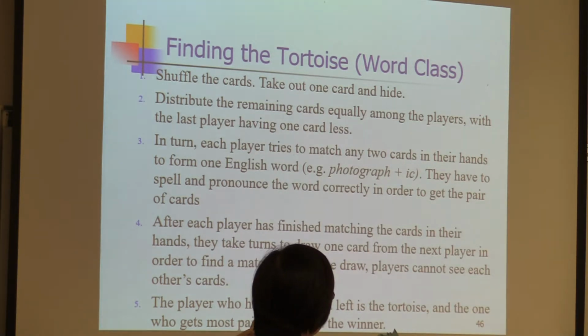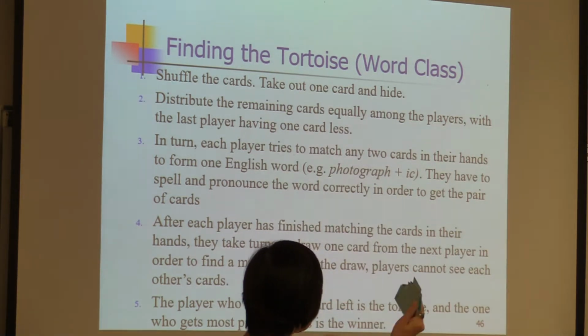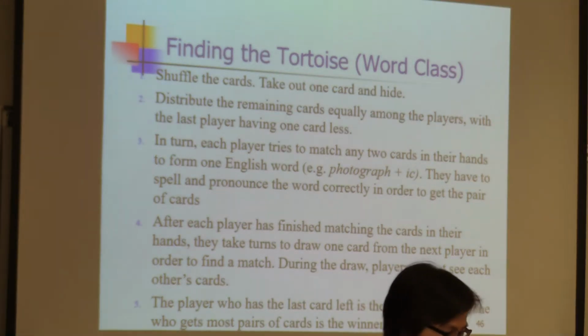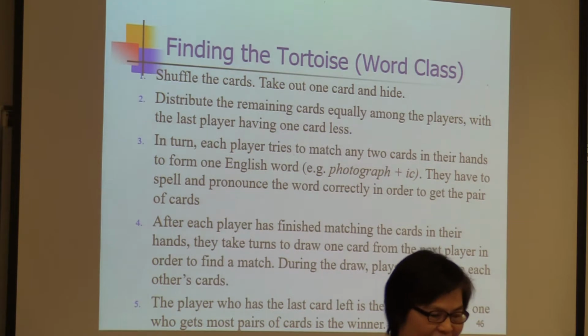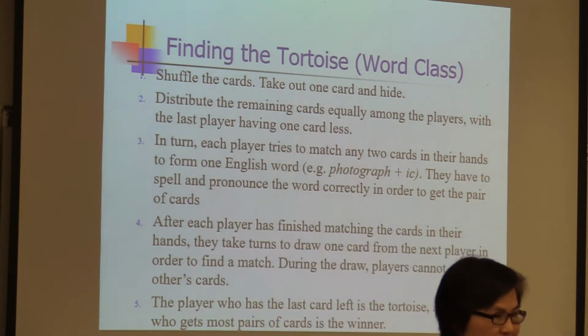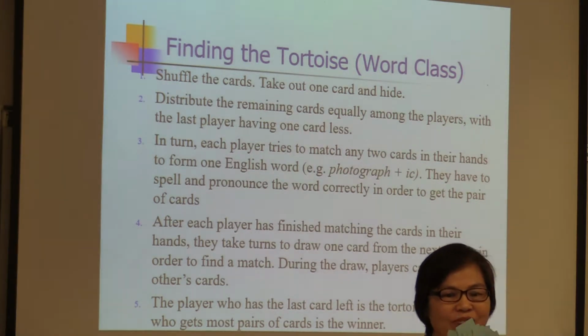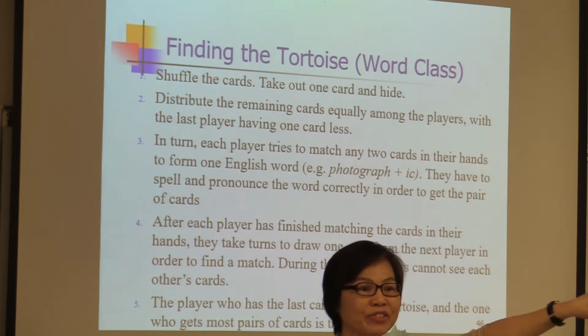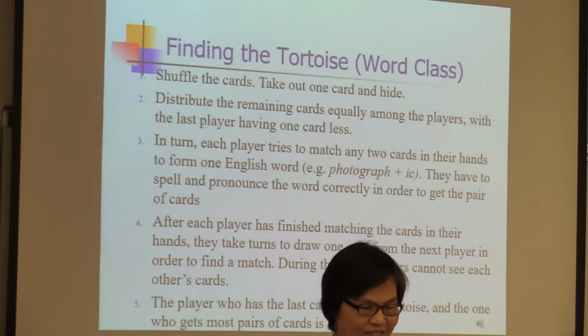Step 4. After each player has finished matching the cards in their hands, they take turns. Please hold the cards. Take turns to draw 1 card from the next player. So I've got, let's say, care, and I got careful, done, so matching.